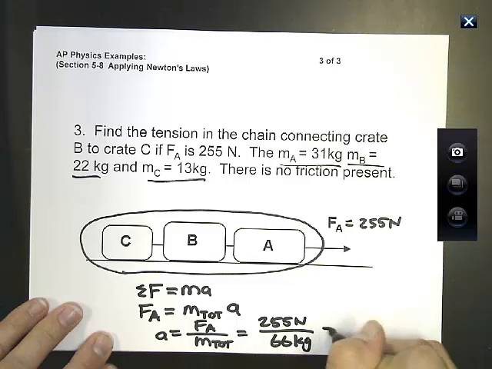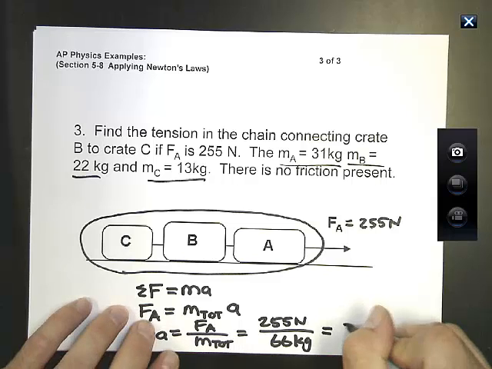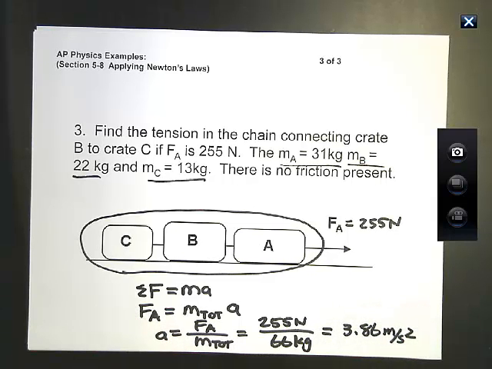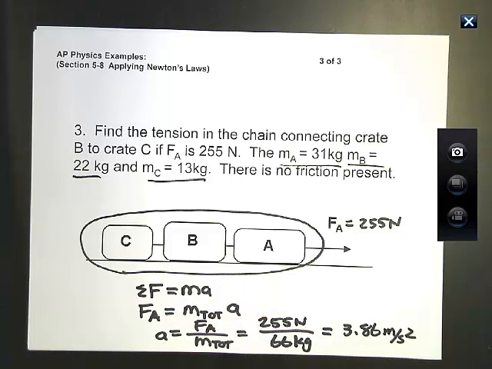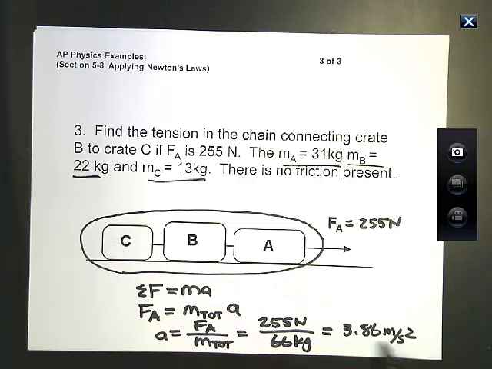And we know therefore that the acceleration is 3.86 meters per second squared. Now, assuming these little bits of chain don't stretch, the acceleration of each piece must be 3.86 meters per second squared.